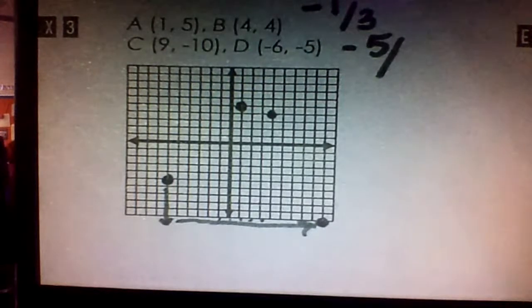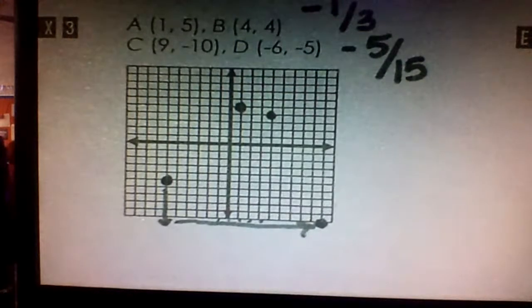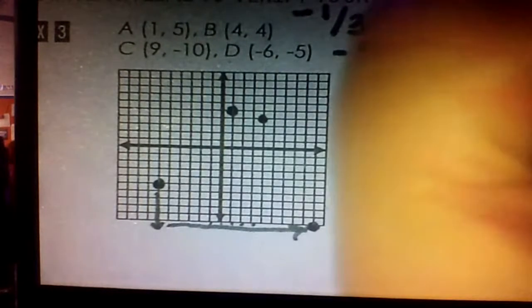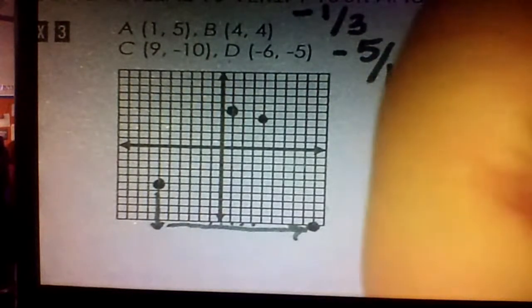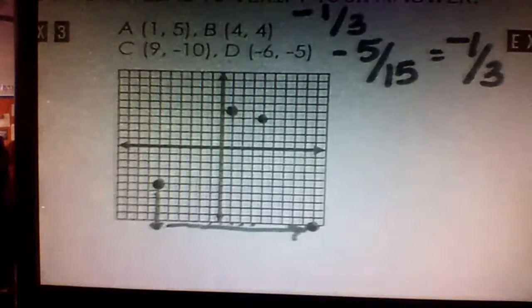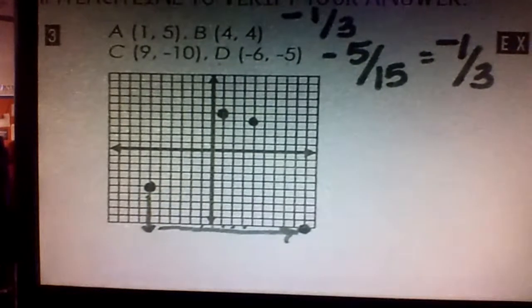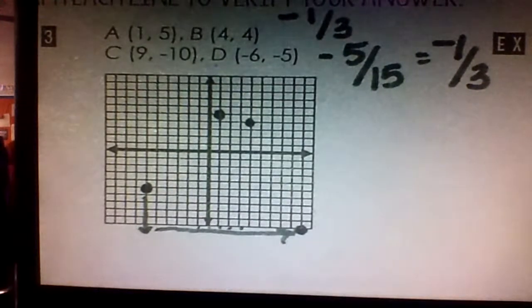Is it 15? I think. Oh, yes. You divide it. Okay. Negative 5 over 15 is the same thing as negative 1 over 3. It's parallel. Okay. So yes, these are parallel.